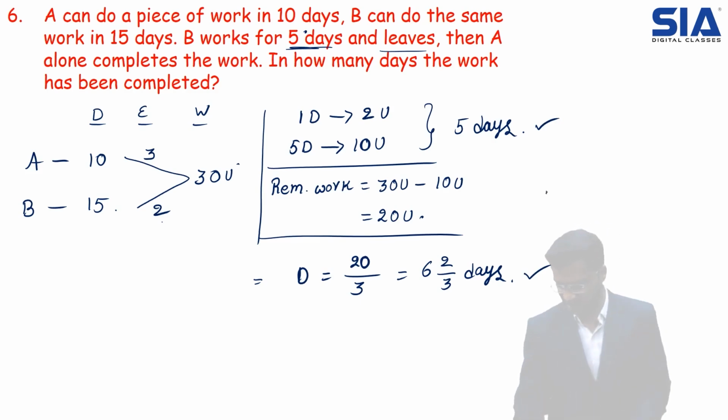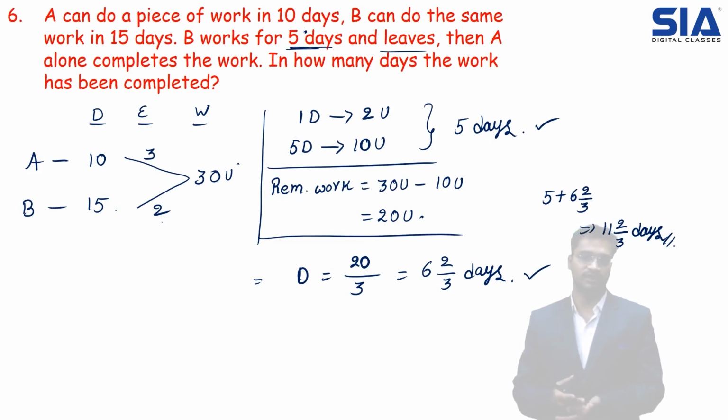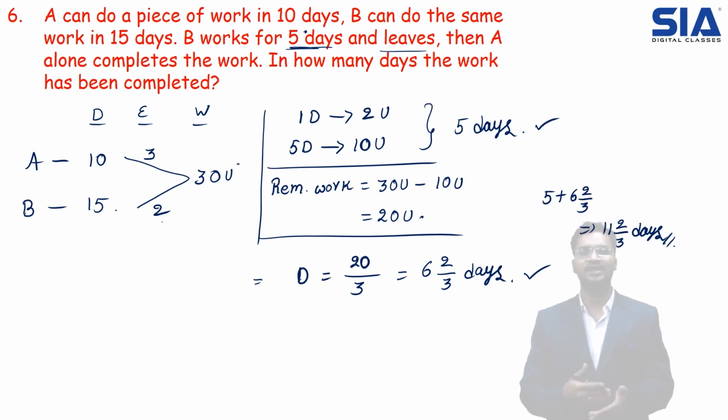So our answer is 5 plus 6 and 2 by 3 days, which is 11 and 2 by 3 days, because the total work has been completed after 11 and 2 by 3 days. If the question had asked how many days A worked, our answer would be 6 and 2 by 3, but the total work has been completed in 11 and 2 by 3 days.